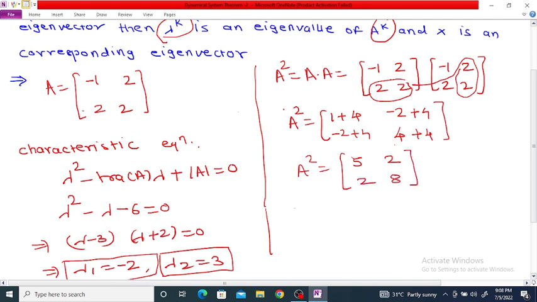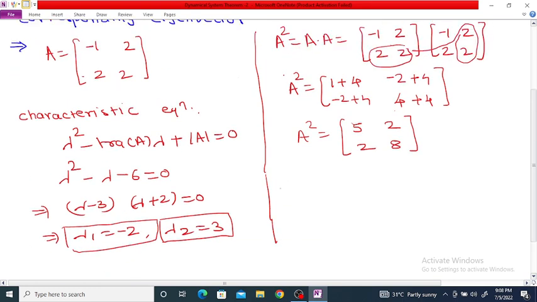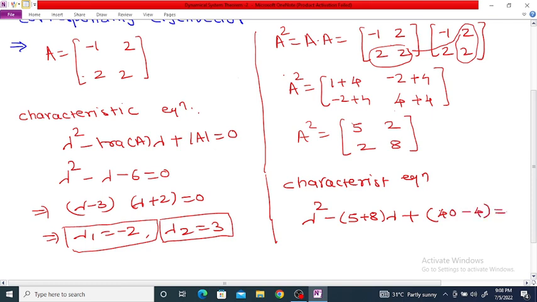Now if we again determine its characteristic equation, it is lambda square minus trace, which is 5 plus 8, times lambda, plus determinant, which is 40 minus 4, equal to 0.